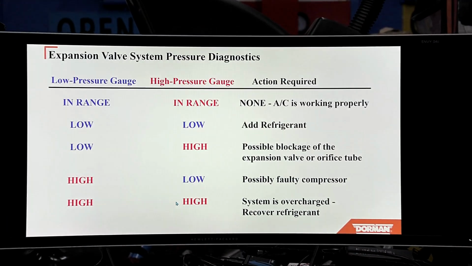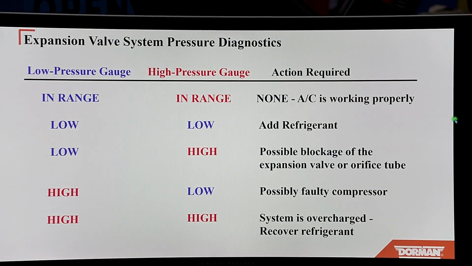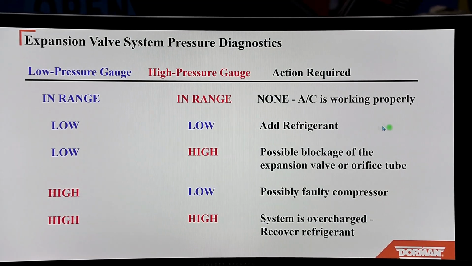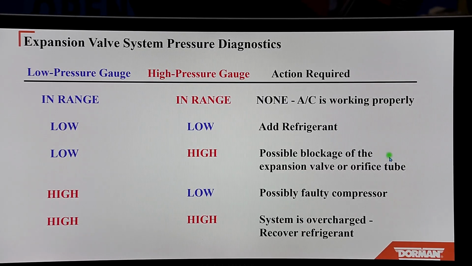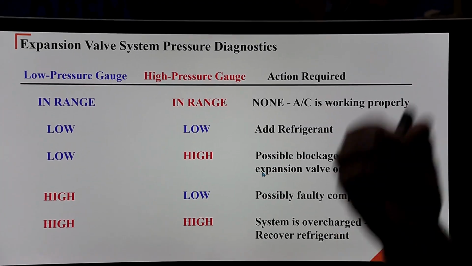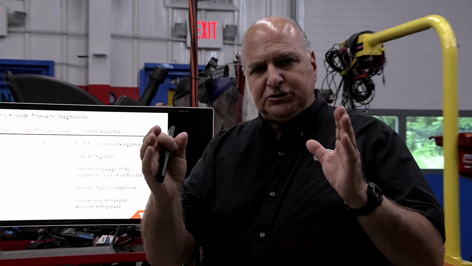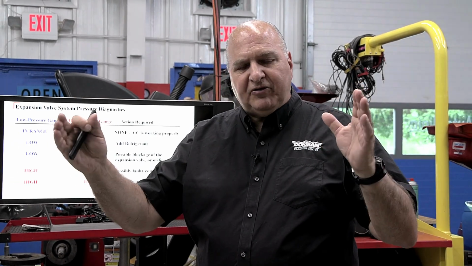Here's some good things on expansion devices. If you're in range, well, of course, everything's working good. You're low and low, add refrigerant. You're low on the low side, high on the high side, possible blockage of the expansion valve or orifice tube. And if the system was at rest, you would not have equal pressures on both gauges. Remember? One to one Fahrenheit, so if it's 95 degrees under the hood of the car, low side, high side, vehicle been sitting 15, 20 minutes, both better be 95.